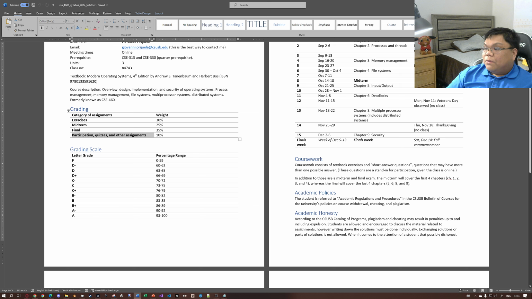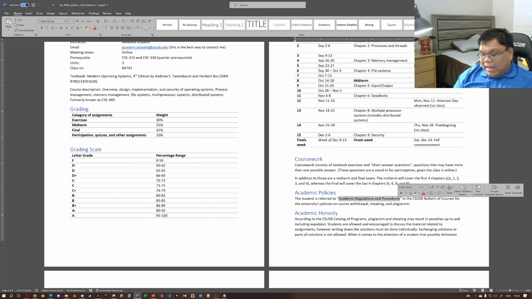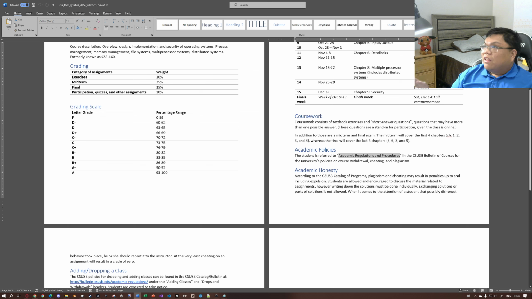Academic policies refer to this in the CSUSB bulletin for courses for the university's policies on course withdrawal, cheating, and plagiarism. Academic honesty: basically, don't cheat, don't copy things from other people, and do not ask ChatGPT to write your answers for you.